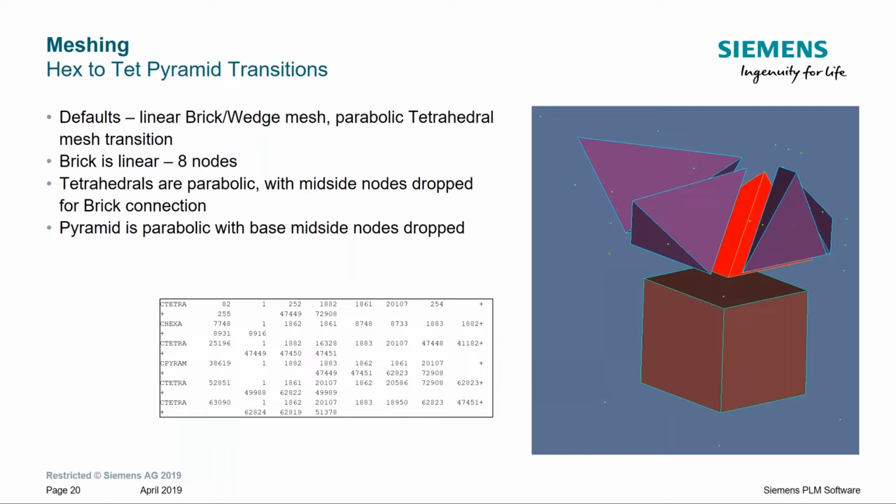So the tetrahedrals are parabolic with the midside nodes dropped for the brick connection. In other words, it's not going to put a pyramid at the midside node. And then the pyramid becomes parabolic.